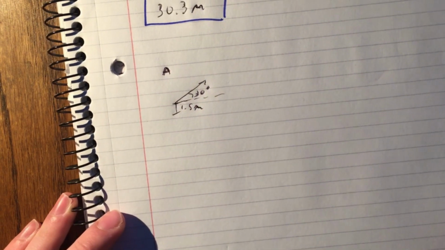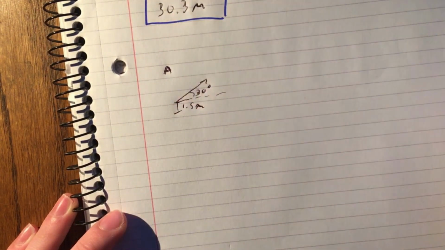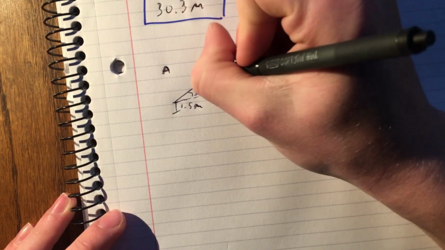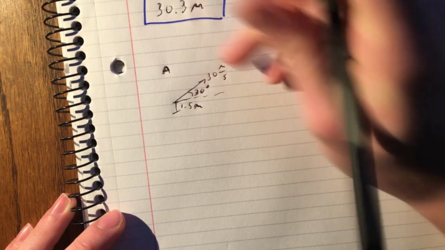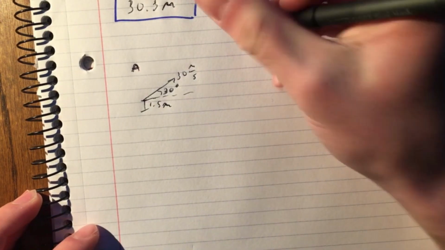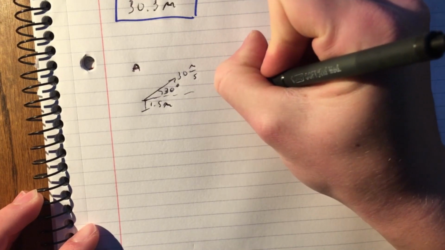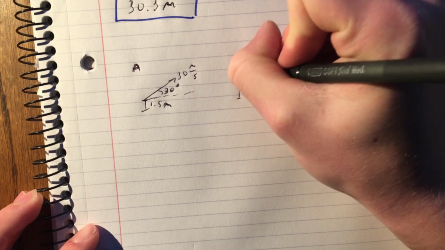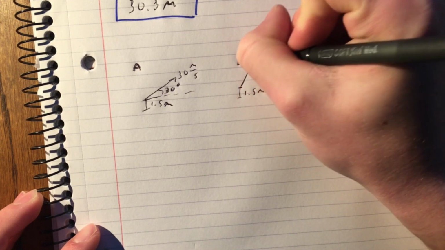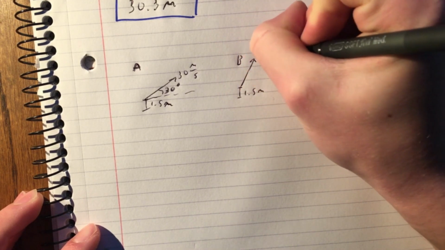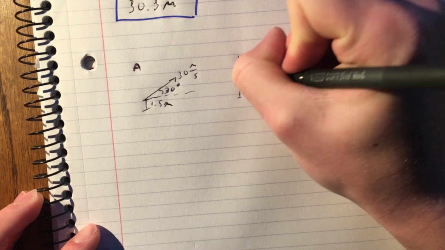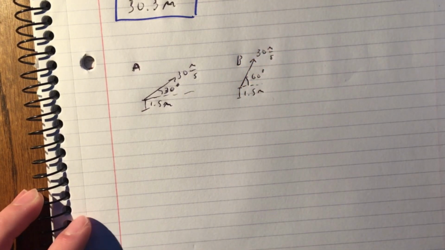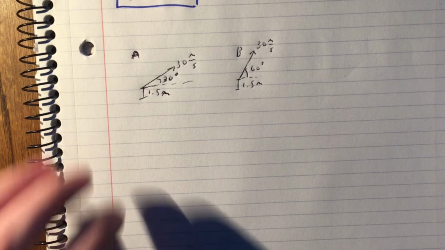And both arrows have a velocity of 30 meters per second. And then arrow B is also launched 1.5 meters off the ground, but at an angle of 60 degrees, 30 meters per second.